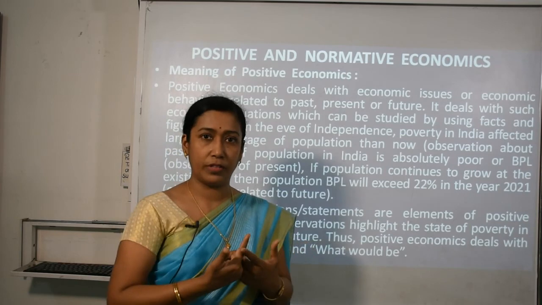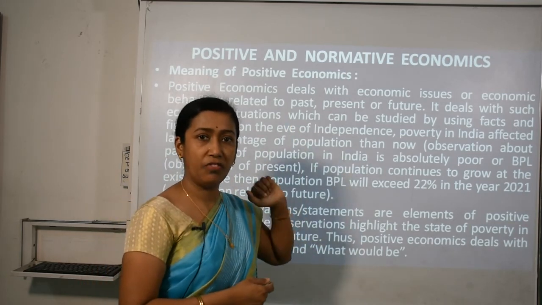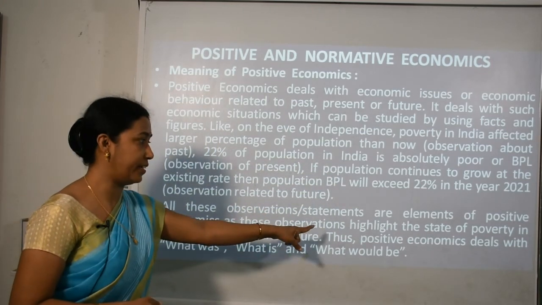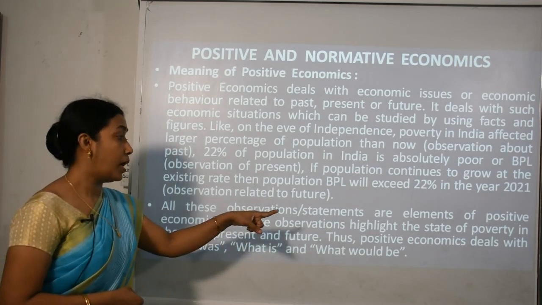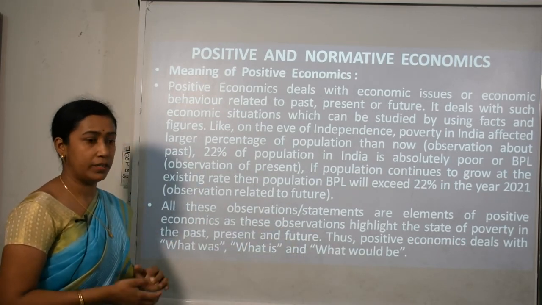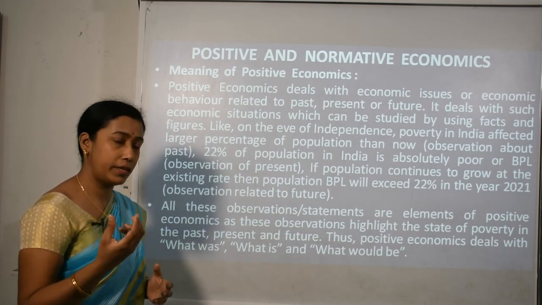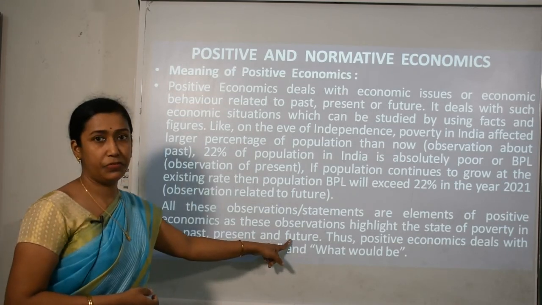They need to look after all these economic issues in any country through the study of positive economics. So all these observations or statements are elements of positive economics, as these observations highlight the state of poverty. State means condition of poverty in the past, in the present and in the future.